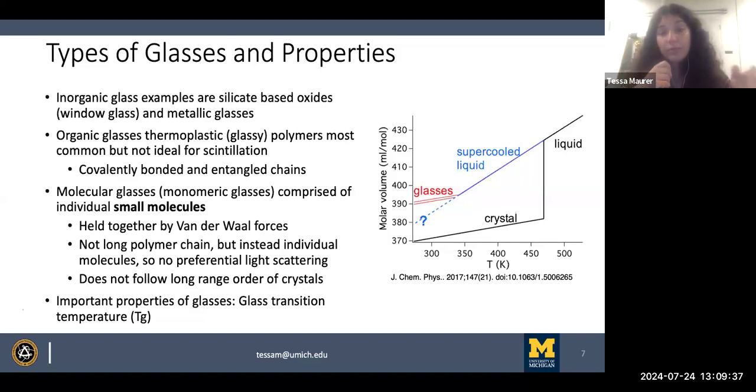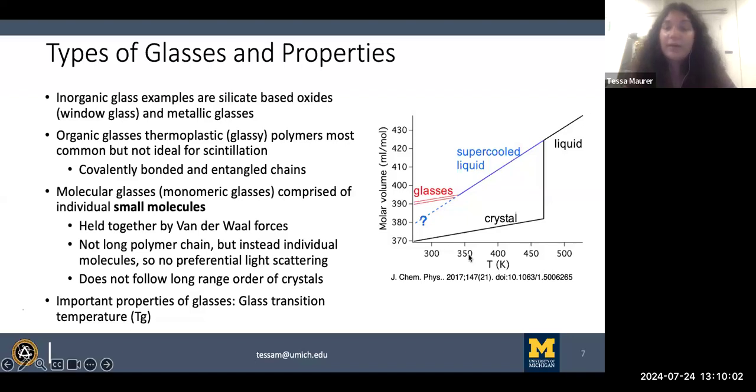That's really important because that means we're not getting preferential light scattering along an axis that could be forming. In addition, we don't follow the long range order that crystals would have, right? These are all held together by van der Waals forces, which are pretty weak, but that's why they can be more individualized.